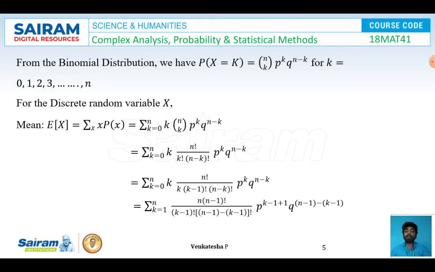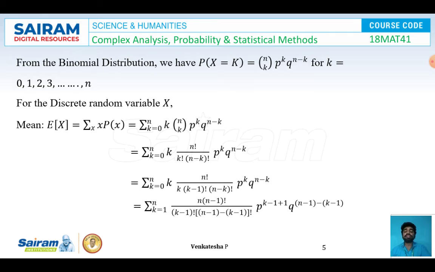Okay, now I am going to expand nCk, that is summation k from 0 to n of k into n!/(k!(n-k)!) p^k q^(n-k). Now our job is to eliminate the term k from this equation.